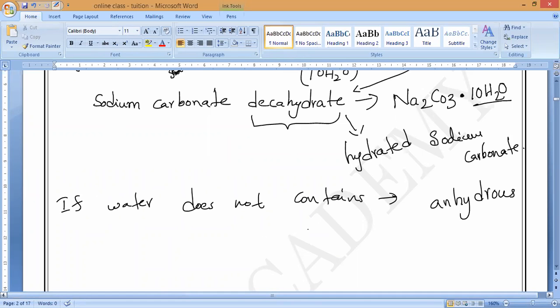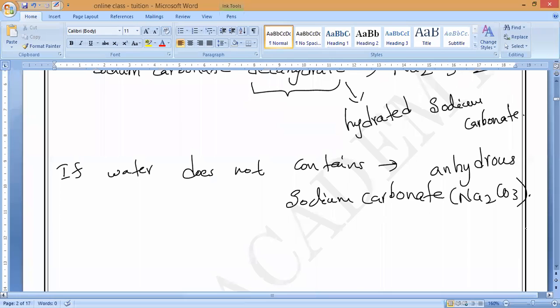What is the formula? Water does not contain, then the formula is Na2CO3. That's all. With water it is Na2CO3 dot 10H2O; if not contained, Na2CO3.